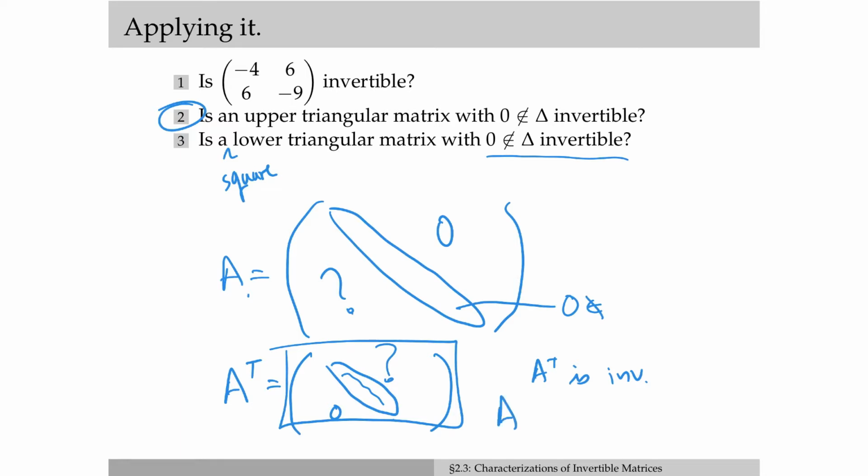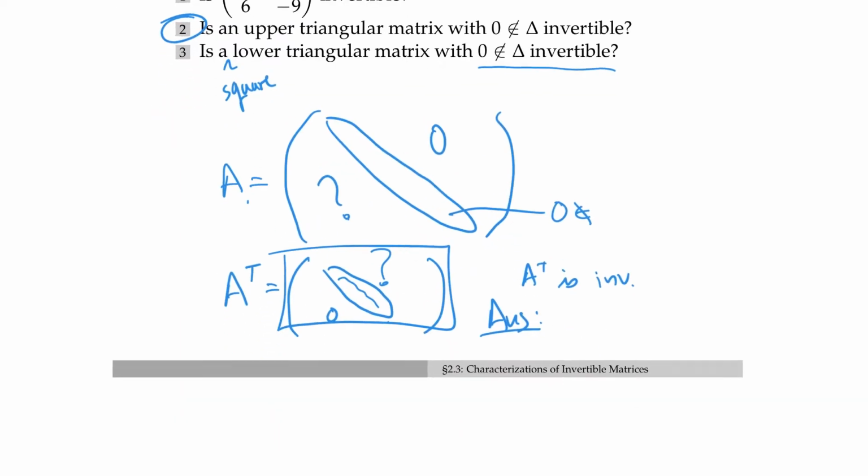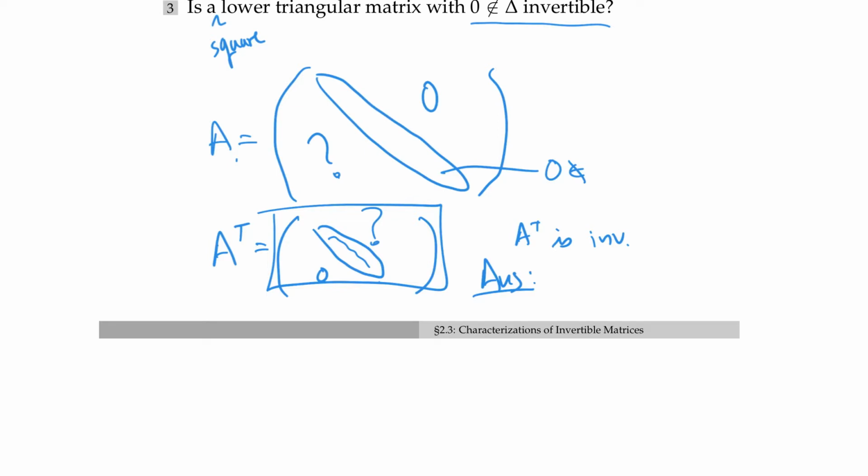So the answer, if I want to be really nice about this, let's ignore all the dimensionality, mentioning how it's n by n and such. I think we all know that has to be mentioned, but for the sake of brevity, what I'll say here is we note the transpose of a lower triangular matrix is upper triangular.